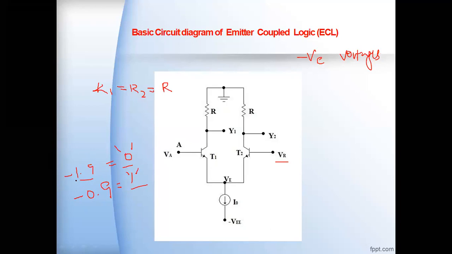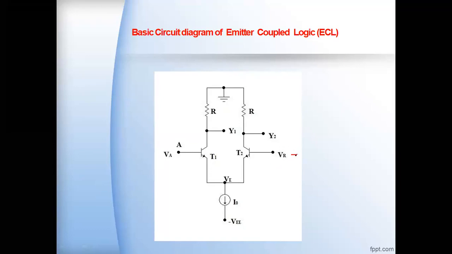For this example, let us consider these two as the logic values: logic 0 means minus 1.9 volt, and logic 1 is minus 0.9 volt. And what about the reference voltage on the second transistor? You may take it as minus 1.7 volt here.